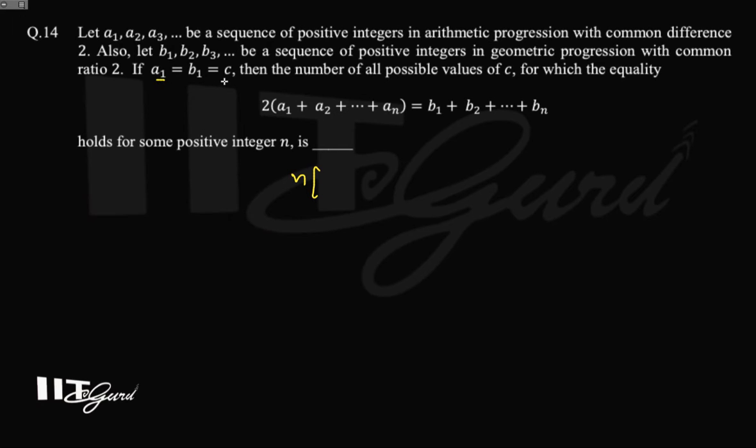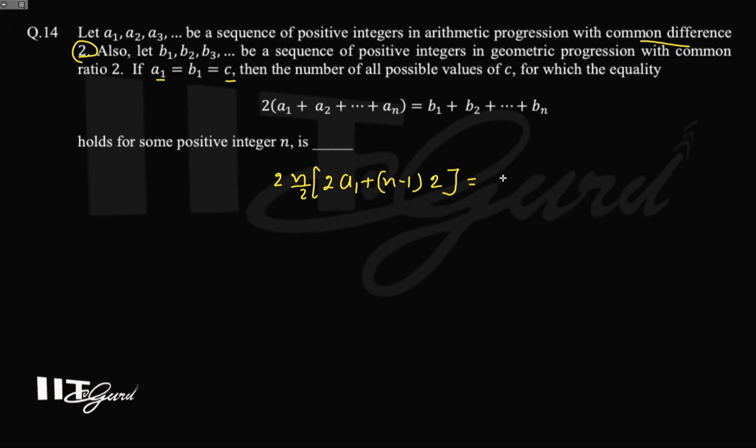First term is c, better to just write 2 into a1, plus n minus 1 into d, where d is the common difference. Common difference is 2 here. So you write 2 into n by 2 just for the sake of convenience.